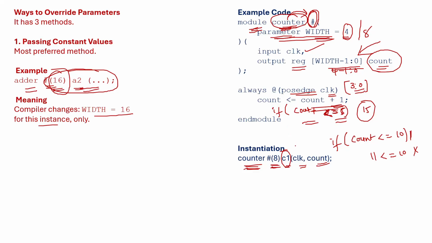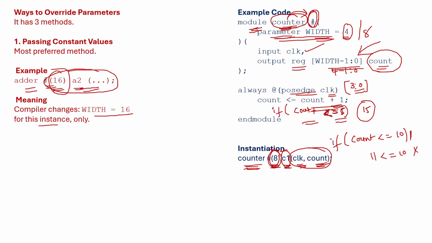Okay, just a simple name of the module, that means the updated module. Previously I have taken the module name counter, then C1 is the updated counter. Then this C1 is taking the values like clock comma count. This will be considered the parameterized module with value 8. Have you understood?